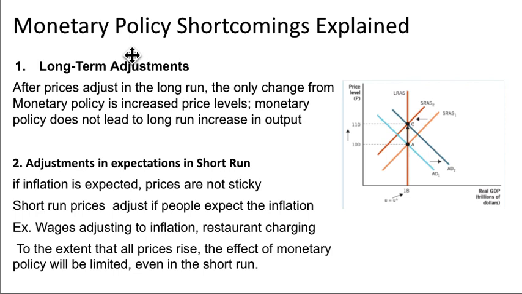They're going to have to pay their workers more. Those businesses might preemptively shift their short-run aggregate supply to the left. They might actually decrease their amount of output because they predict that in the future they're going to see this rising price level. So whether it's in the long run or sometimes in the short run, with monetary policy, we aren't guaranteed even a short-run increase in output.